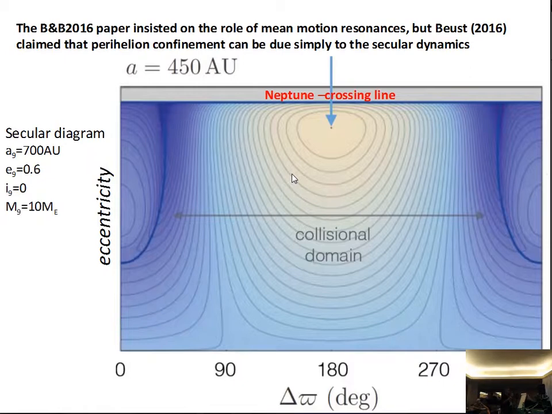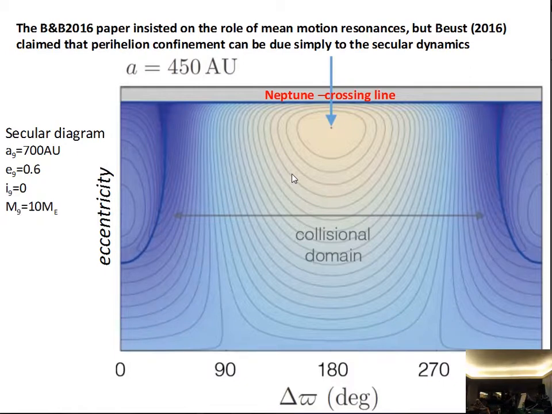But as you can see, the eccentricity for this stable haven is pretty low, so we are very far from the Neptune-crossing line. So bodies down here, maybe they do exist, but they are very difficult to observe because the perihelion distance is very far away. So unless they are gigantic and very bright, current telescopes will not be able to detect them.